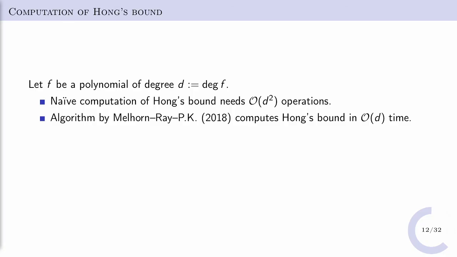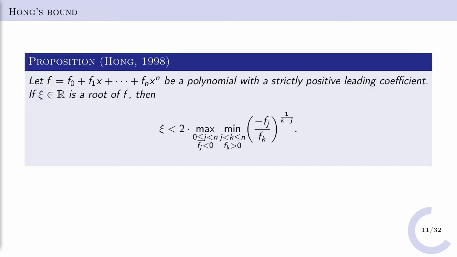If we look at the previous bounds, the Cauchy bound and the local max bound, it was clear that the bounds can be computed in linear time, because in all three of them we had just one maximum. We scanned the list of coefficients just once. On the other hand, in Hong's bound we have a maximum of a minimum.